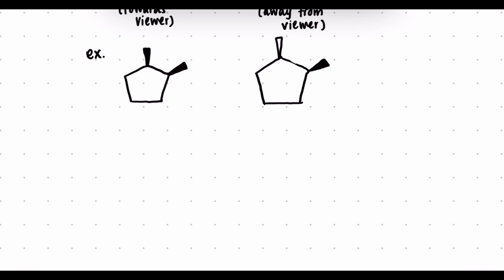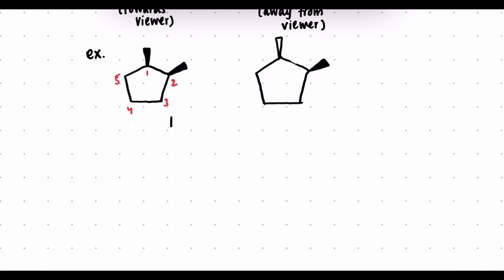Or actually, let's write the IUPAC name for this. I'm going to write the locants. 1, 2, 3, 4, 5. So this is 1, 2. And these are methyls. If they don't indicate anything, it's a bond line structure, right? So it would be the usual.